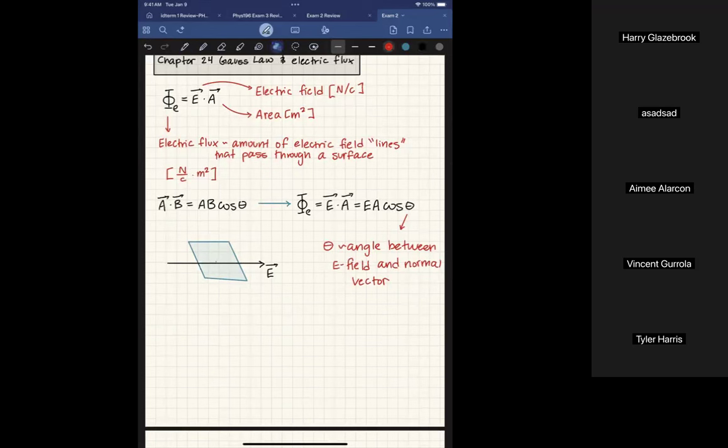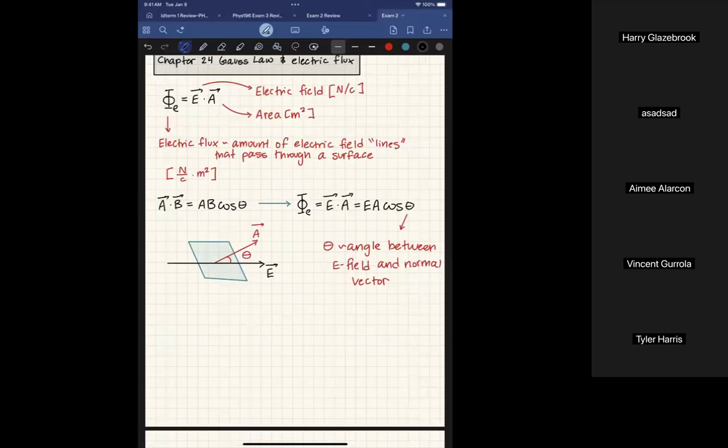And then my normal vector is just going to be perpendicular to the surface. This here is the angle theta that we use for our dot product. As you do problems, you're going to have different surfaces. Most of the time when you do electric flux, it's just: what direction is my electric field? Let me use the dot product with the area vector, and we're all good there.